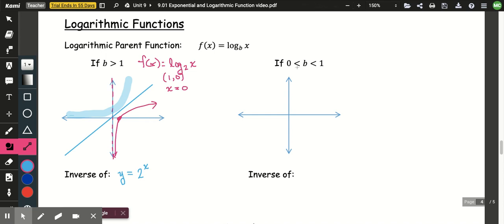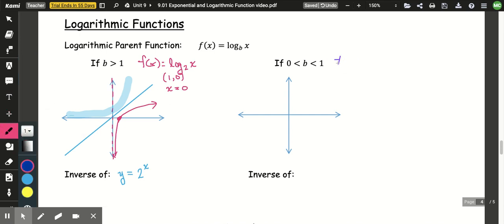Now, if the b value is between 0 and 1, I'll pick one of those, like a half. Let's keep it easy. I've got to change my tool. Okay, so that would make it f of x equals log base 1/2 of x. This one still has an x-intercept at (1, 0), and it's still got a vertical asymptote at x equals 0, but the behavior of the curve is going to be different.